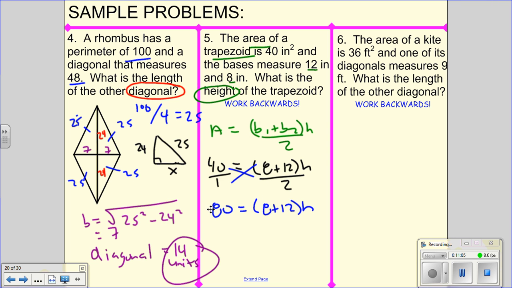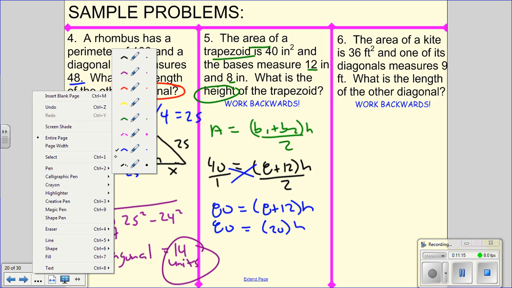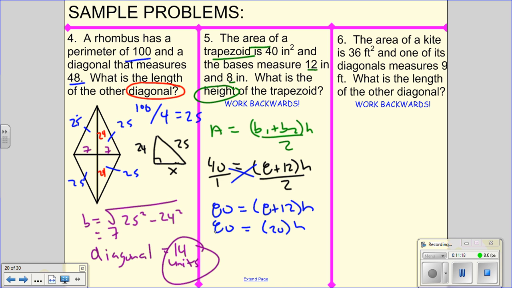Then I would add 8 plus 12, you get 20. So it's 20 times h. And then I would divide both sides by 20 so that you get h by itself, which is what we're looking for, and you would get 4. So the height is 4 inches.